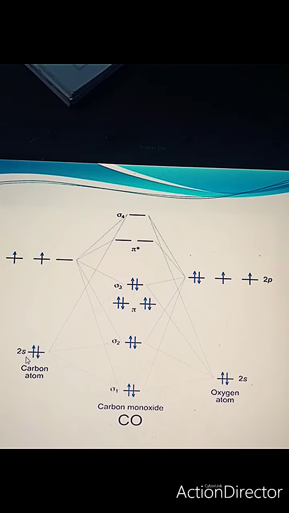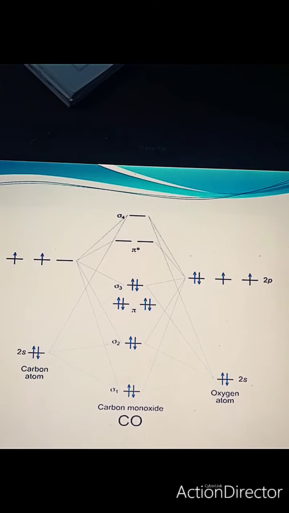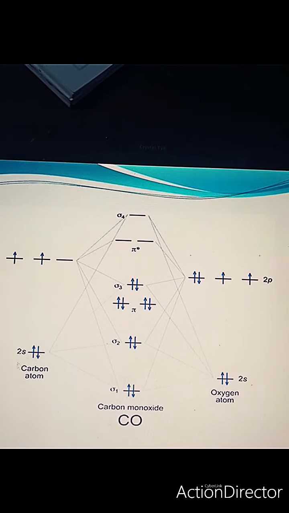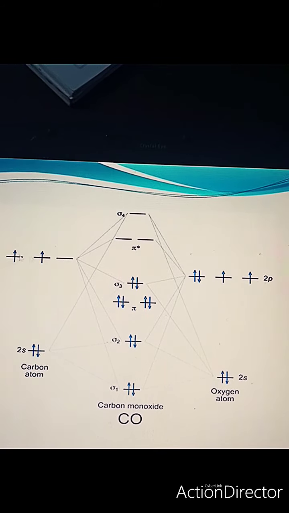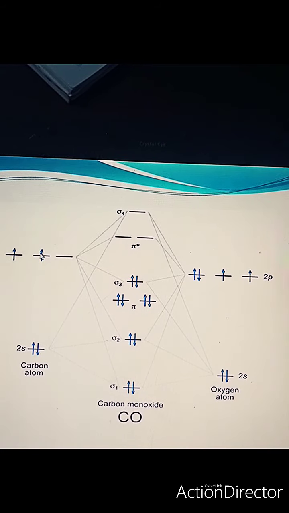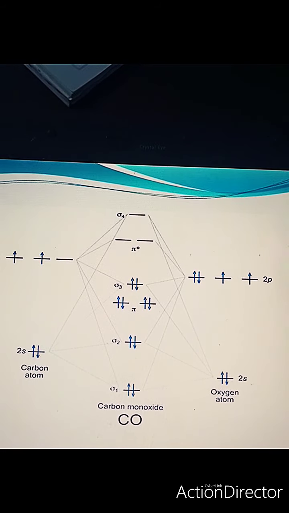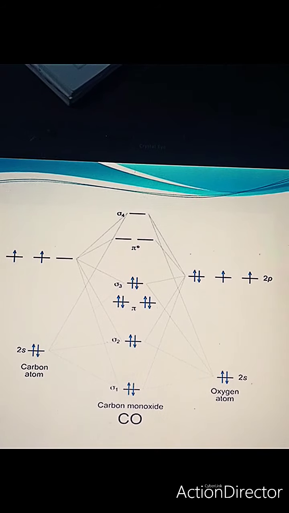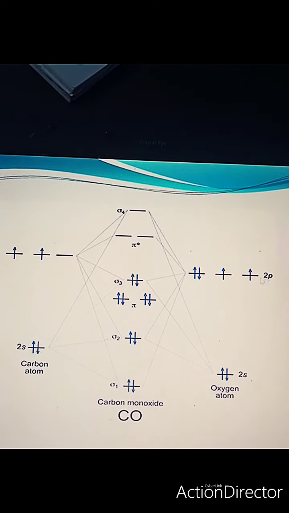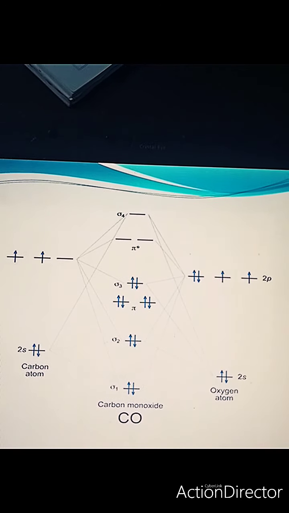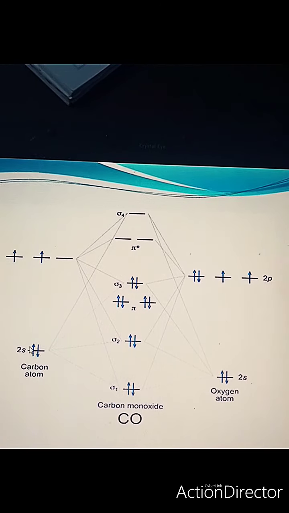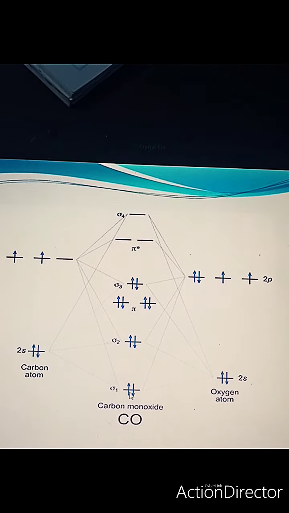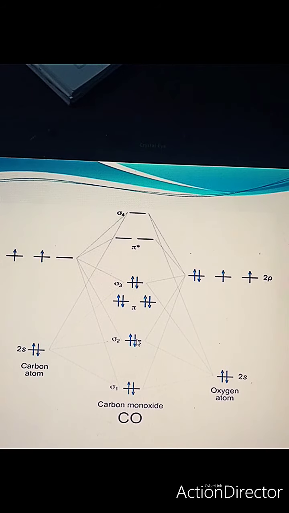So carbon is having 6 electrons, that is 1s2, 2s2, 2p2. 1s I have not shown, this is 2s and this is 2p2. Oxygen having 8 electrons, so 1s2, 2s2, 2p4, 1s I have not shown. In 2s there are 2 electrons, in 2p there are 4 electrons. So when overlapping occurs, this 2s will result in bonding and anti-bonding.